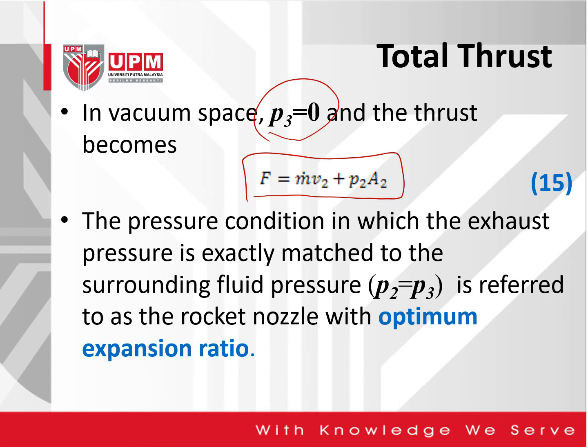The pressure condition in which the exhaust pressure is exactly matched to the surrounding fluid pressure, where P2 equals P3, is referred to as the rocket nozzle with optimum expansion ratio.